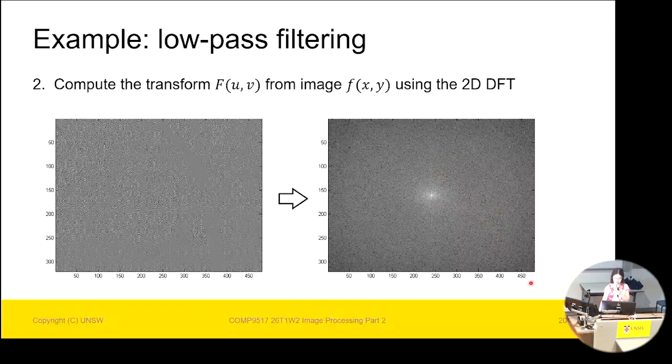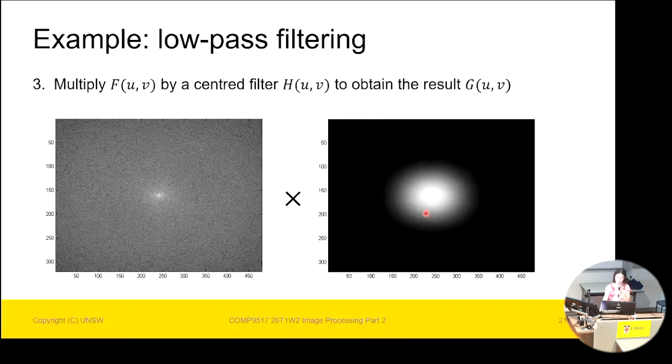And you can see the size of this is the same as this one. And it's just the values. And the center dot here is brightest. It's summing up all the image intensities. And then the other parts are the frequency information. And so that's the image frequency representation.